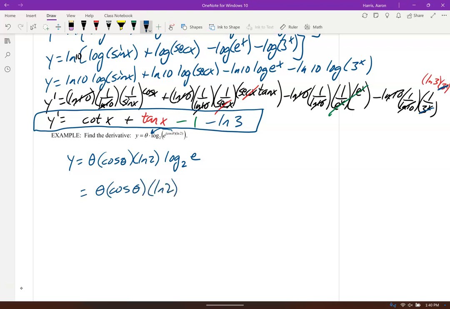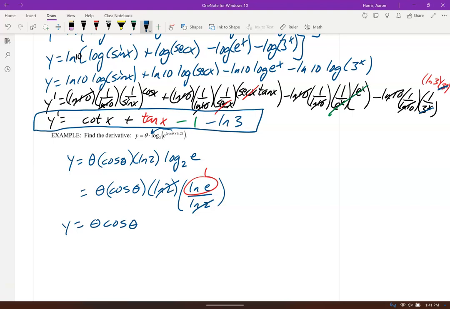So let's change that log base 2 of e to ln of e over ln of 2, and see how those ln of 2's cancel. That's really nice. And we know the natural log of e is 1. So I actually end up with just theta cosine theta, which is nice.